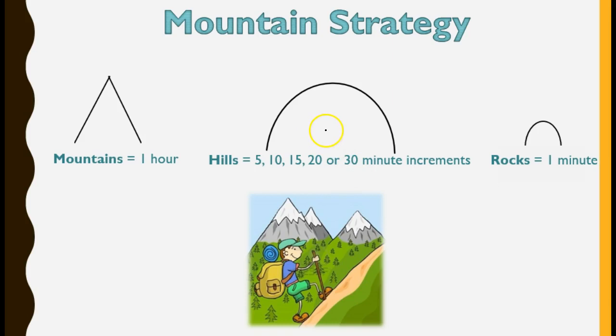Maybe you'll use 30, 20, 15, 5, or 10. It depends on you. I would start maybe with 10s and 5s until you get really familiar with how to do it, and then you could change it depending on what works best. And then finally you're going to have rocks, and those are smaller bumps and they're just 1 minute. Okay, so let's look at a problem together.